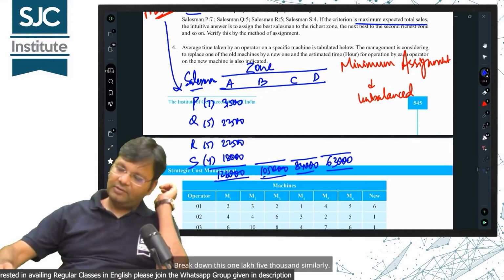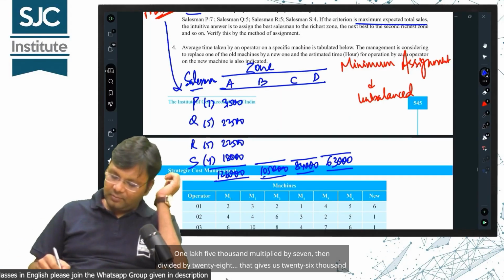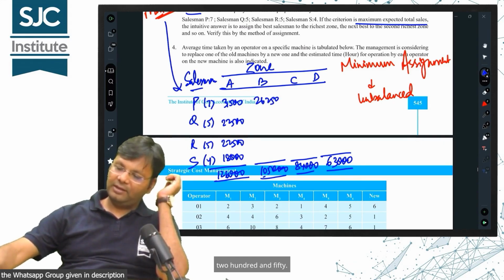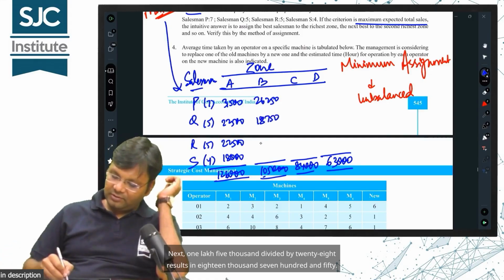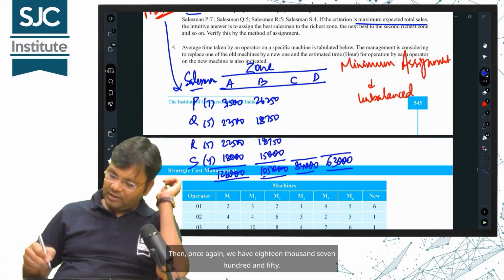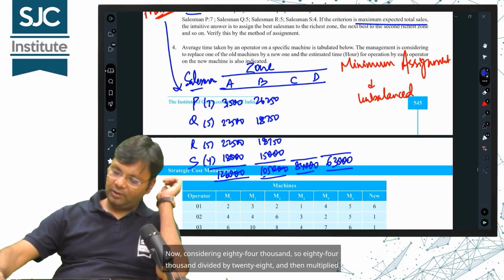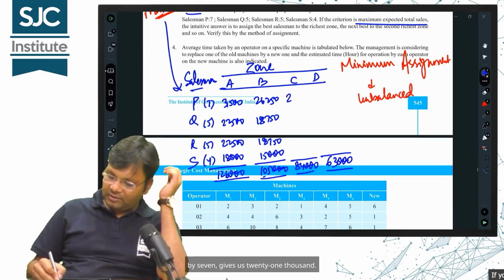Break down this 1,05,000 similarly. 1,05,000 multiplied by 7, then divided by 28, that gives us 26,250. Next, 1,05,000 divided by 28 results in 18,750. Then, once again, we have 18,750. Moving on, for 4, what will it be? That would be 15,000. Now, considering 84,000, so 84,000 divided by 28 and then multiplied by 7 gives us 21,000.